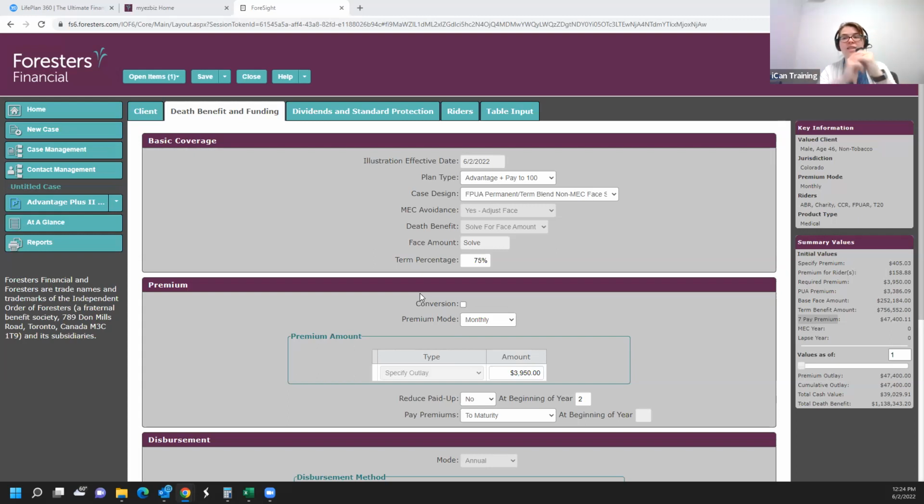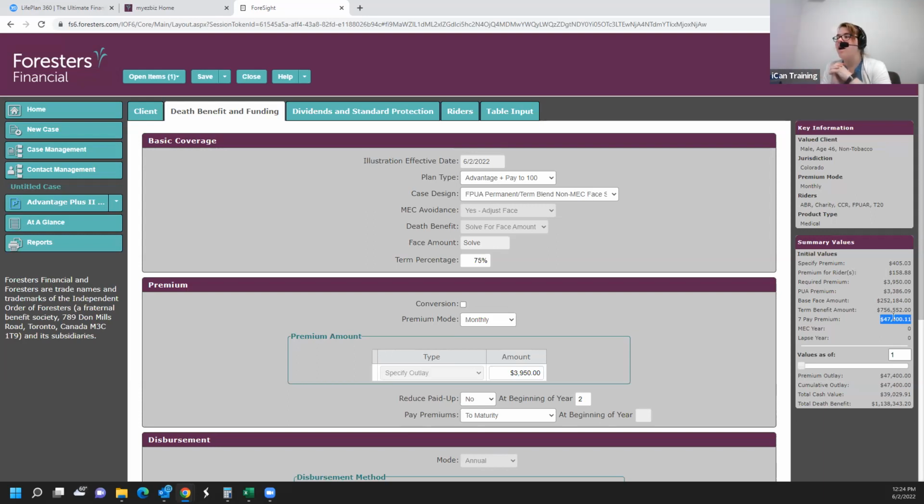The IRS says, hey, wait a minute, that's an investment, not a life insurance policy, and the whole thing becomes taxable, which is not what we're trying to achieve. We're trying to achieve a tax-free environment for this bank. So we have to follow the 7-pay premium rules, which means that this number right here, the $47,400 a year, is the most amount of money that we can put into this policy based on the death benefit without it becoming a modified endowment contract.